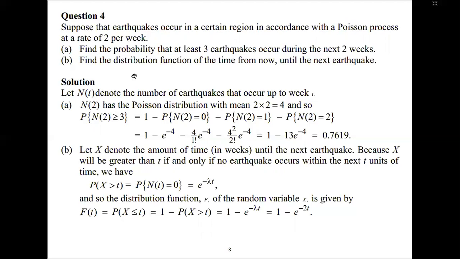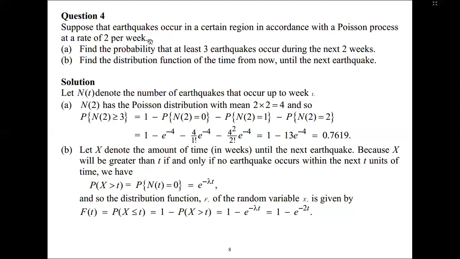Even in a year it is too much, because in Ghana, I don't know the last time an earthquake took place. Sometimes it takes 10 years before 1 or 2 may occur. But 2 per week here is a high rate. Have you seen it? In that time, 2 earthquakes occur on average every week.